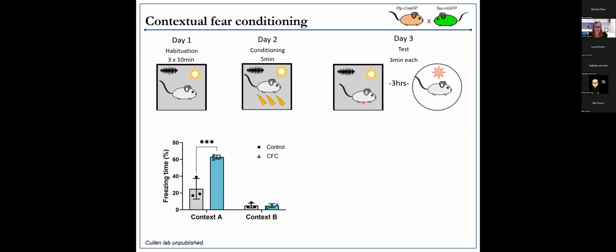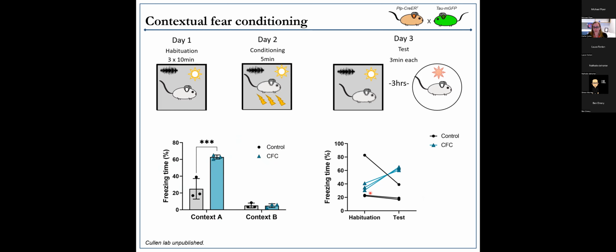So just to show you that these mice actually were conditioned, I'm showing you the data just from the animals that I have done the additional analysis with. You can see here that those that were conditioned spent a greater proportion of time freezing in context A, and there was absolutely no difference in context B. So this shows that they did actually get conditioned to that context.